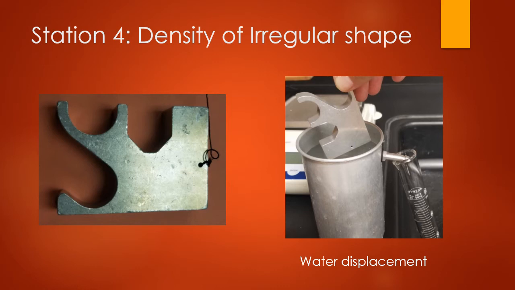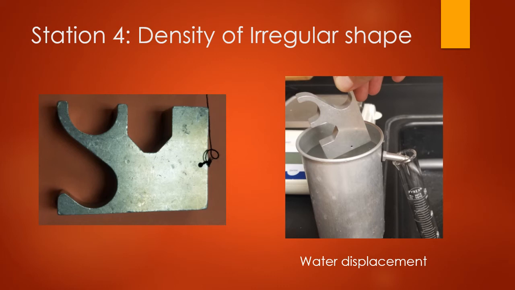What we have is an overflow spout. That's what that metal can is called, an overflow can. To figure out the density of that irregularly shaped object, we fill up the can to the top with water, right below the spout. Then we place the irregular object into the water. Since that object is more dense than water, it's going to sink to the bottom of the can. When it does that, it makes the water level rise, displacing the water.